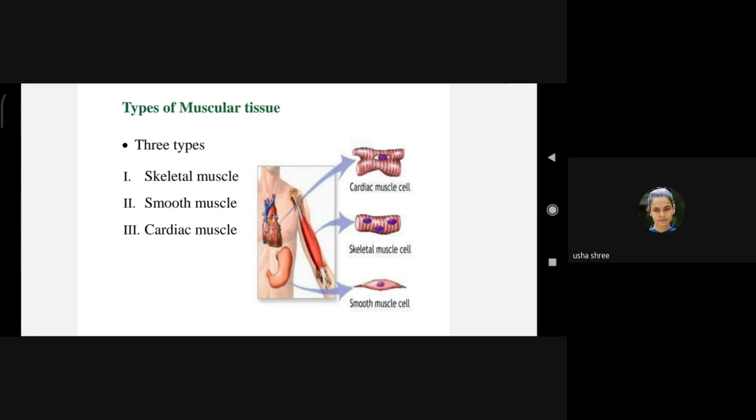I don't know the answer, but I'm speculating. It could be because of the function it does. It's a muscle which works right from the formation of the heart in the fetus until the time the person passes away. So it's a muscle which works throughout the lifespan of a human.